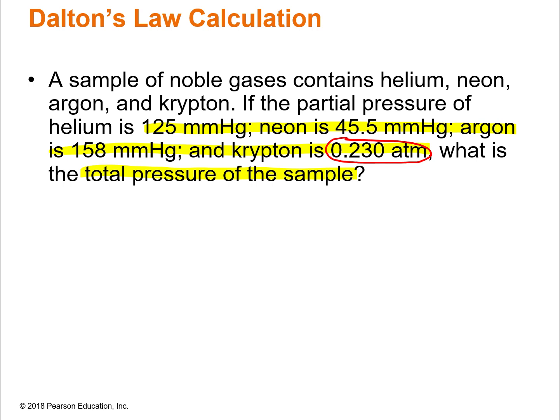So if this were a question on Mastering Chemistry, you could report any unit, millimeters of mercury or atmospheres. But it makes the most sense to convert the partial pressure that's in atmospheres to millimeters of mercury and then add everything together. And that's what we're going to do.